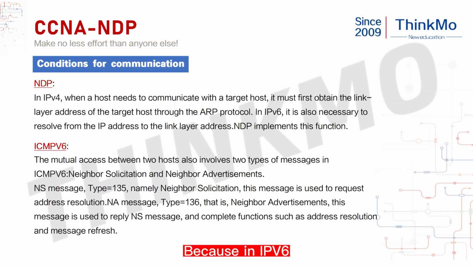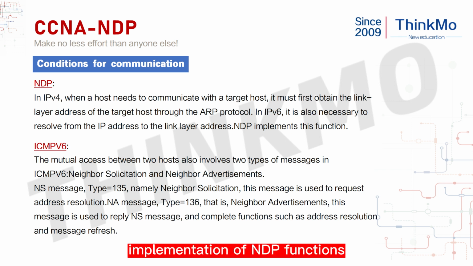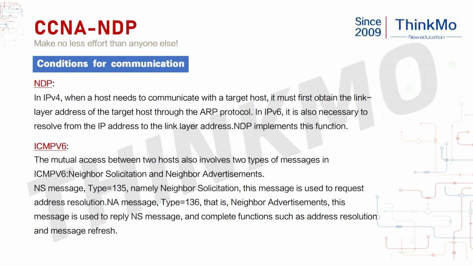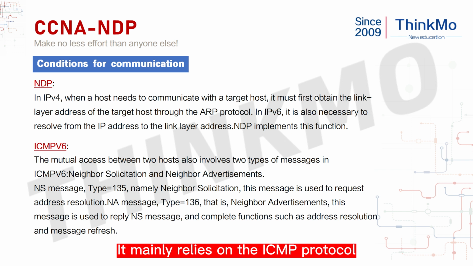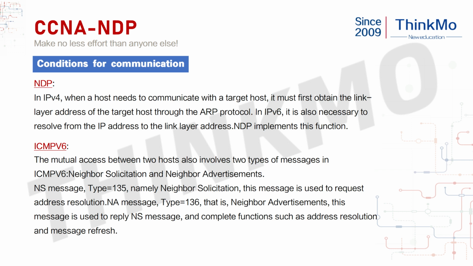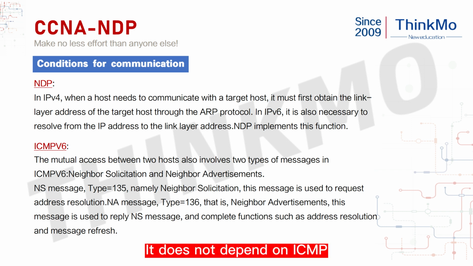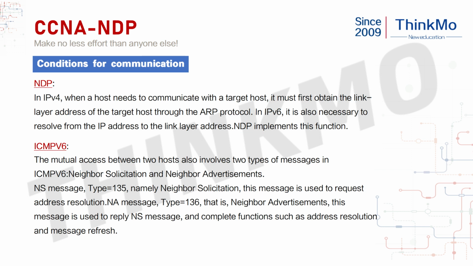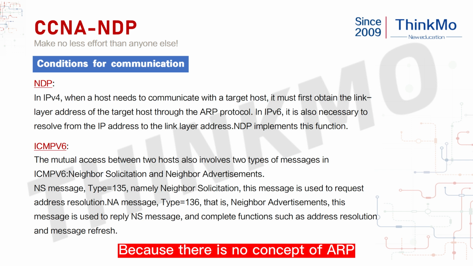Because in IPv6, the implementation of NDP functions mainly relies on the ICMPv6 protocol. In IPv4, the equivalent, such as address resolution, does not depend on ICMP. And in IPv6, it's mostly based on ICMPv6, because there is no concept of ARP.